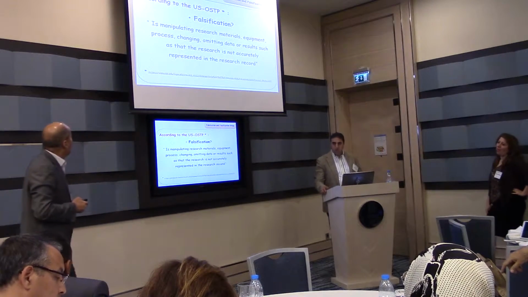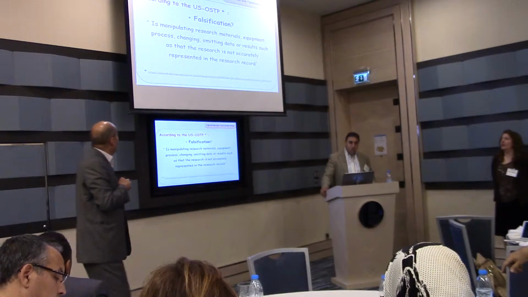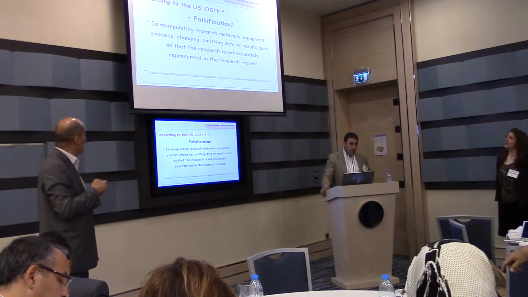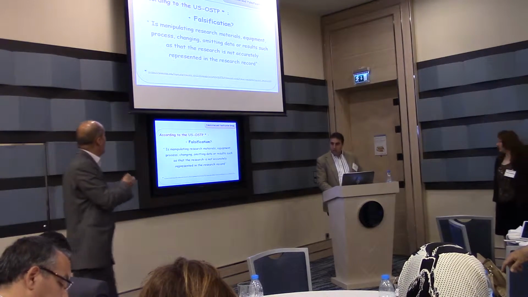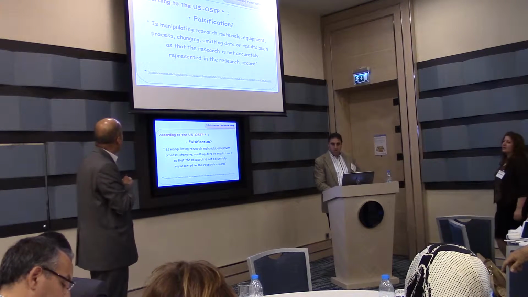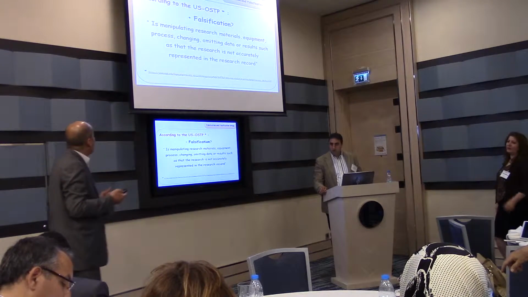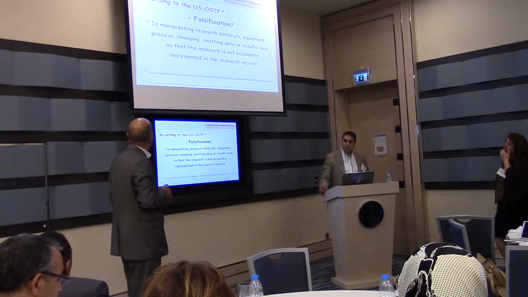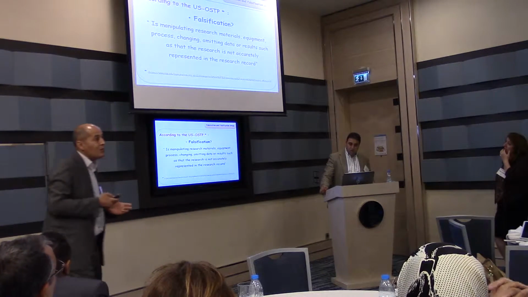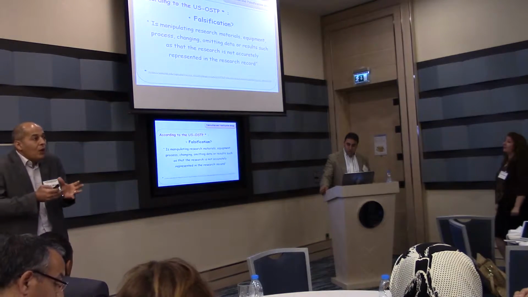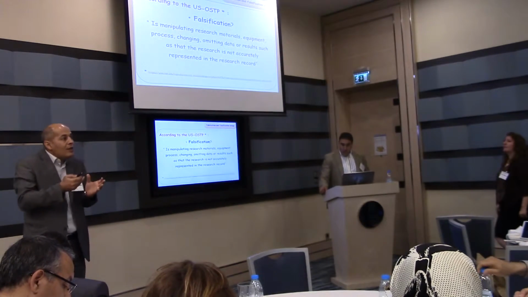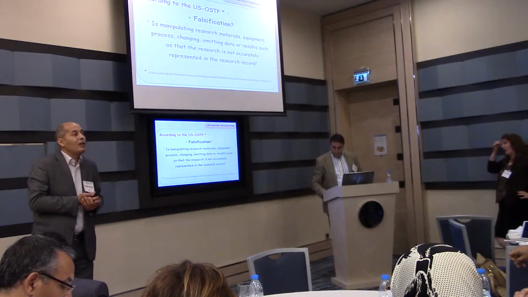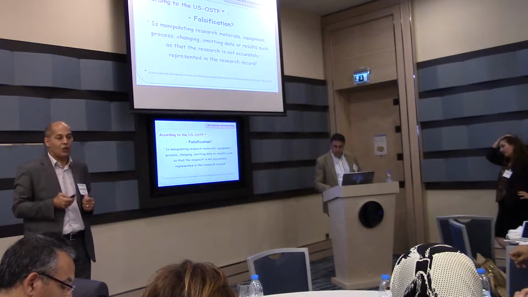And according to the U.S. Office of Science and Technology Policy, also the same agency, falsification is manipulating research materials, equipment, processes, changing or omitting data or results such that the research is not accurately represented in the research record.